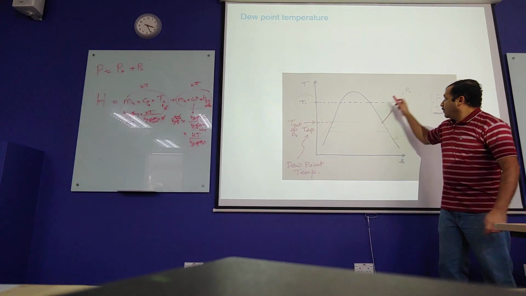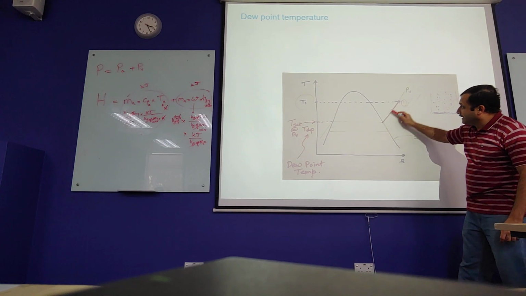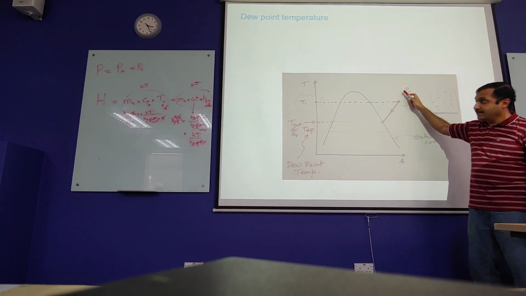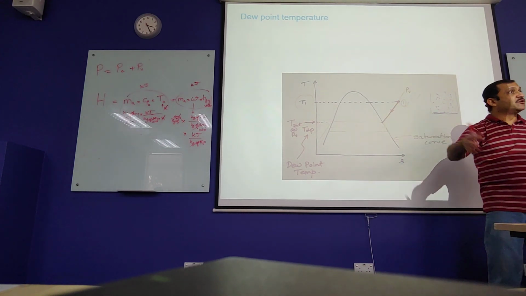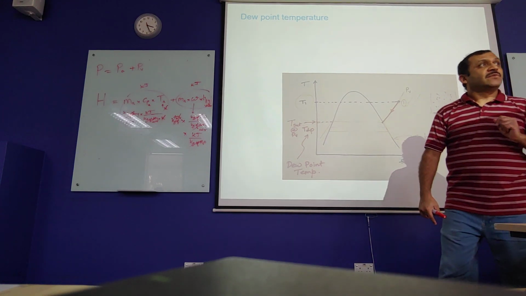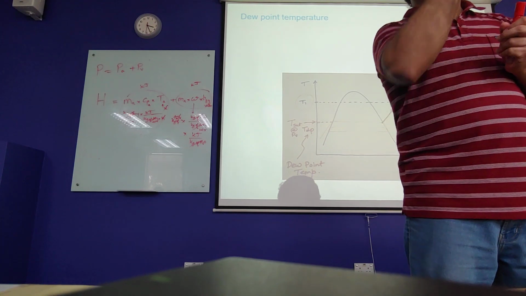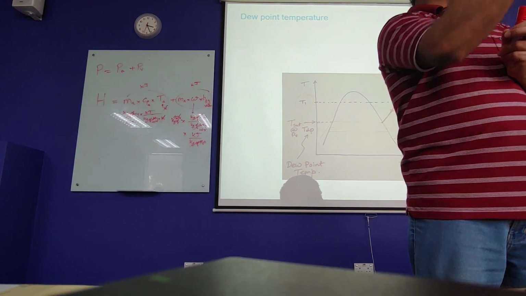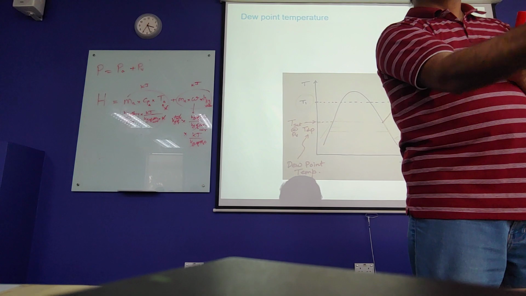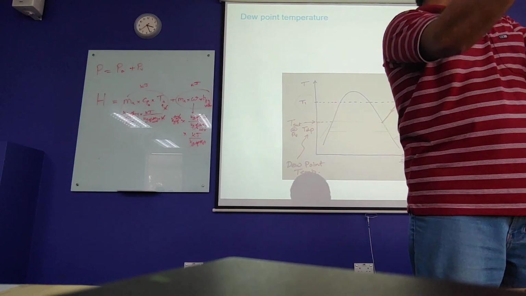Now, if we go down, if you start cooling down air, so let's say air in this room or air outside, if you start cooling down, at what point or what temperature you would start getting moisture condensed? Have you seen condensate forming in real world?